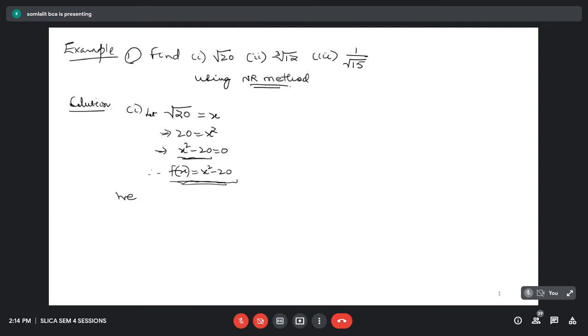So you know that the value of root 20 has to be between which two numbers? 4 and 5. So you can choose x0 as any number between 4 and 5. Or another way of doing this one is as we were doing earlier. You keep putting the values and you see where the function changes its sign. That's what you have to do. So you get the interval first that encloses the root. Right? That's what you have to do. Get the interval that encloses the root first.